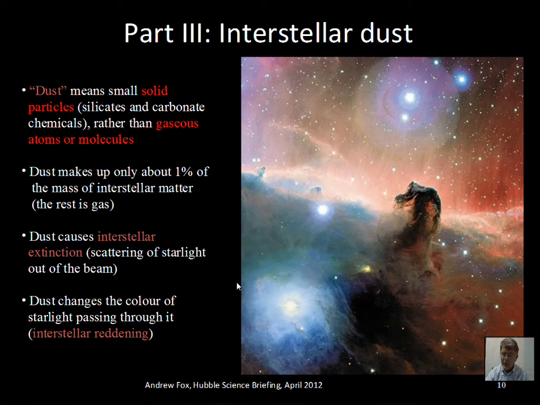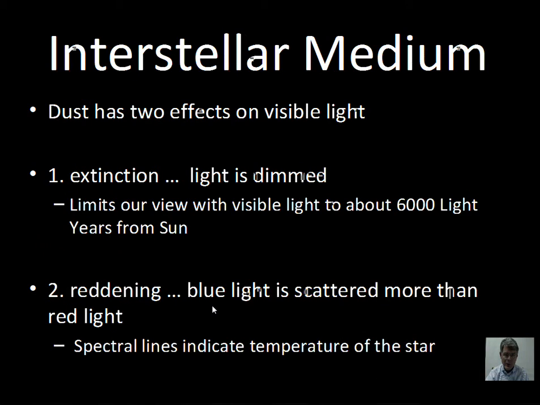If you might recall, color is somewhat related to temperature, and we talked about hot blue stars and cool red stars. Astronomers can still tell the temperature of a star, of course, by looking at the absorption lines of the star. They don't rely on just the overall color to determine the temperature.